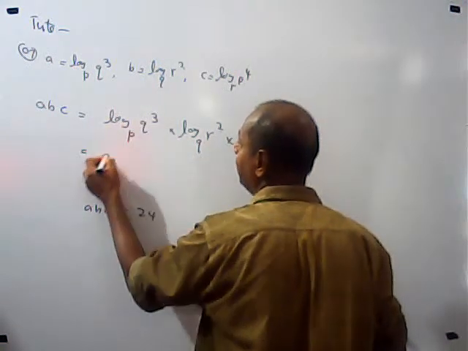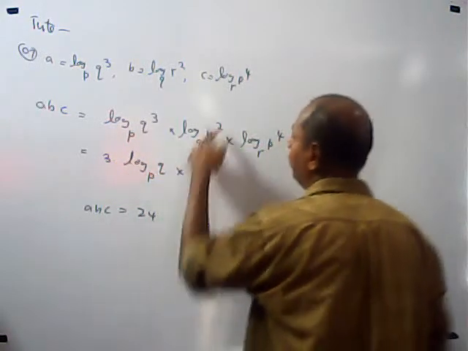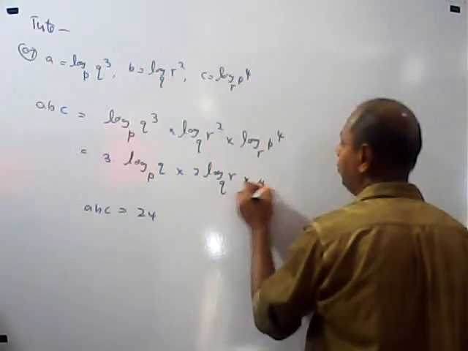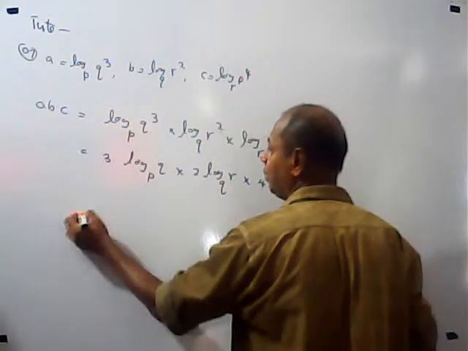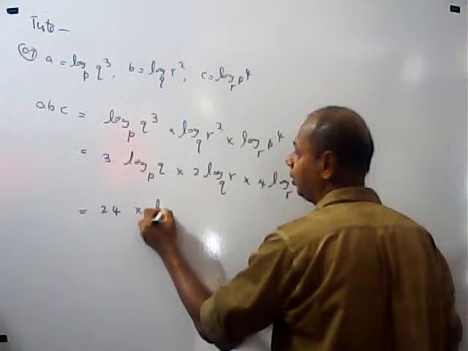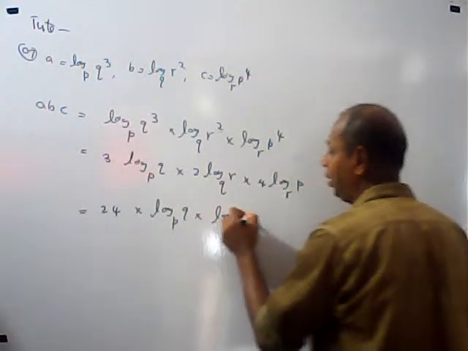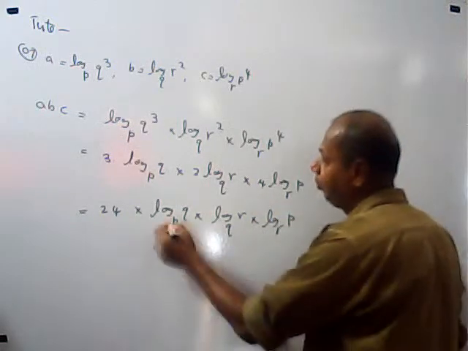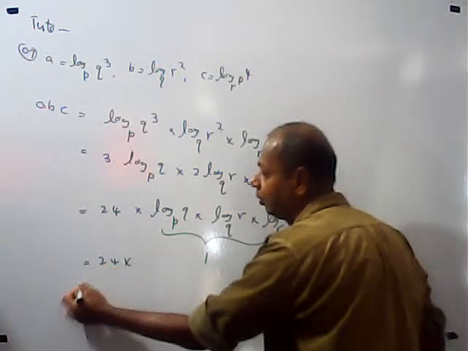So this will be written as 3 log_P Q, 2 log_Q R, 4 log_R P. So finally it's 3 into 2, 6, 6 into 4, 24 into log_P Q log_Q R log_R P. And we have a rule that log_P Q log_Q R log_R P is equal to 1. So it's 24.